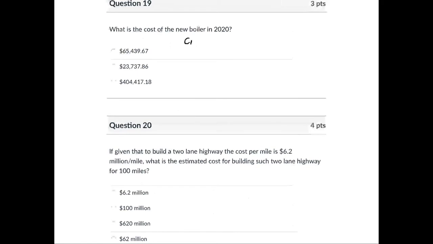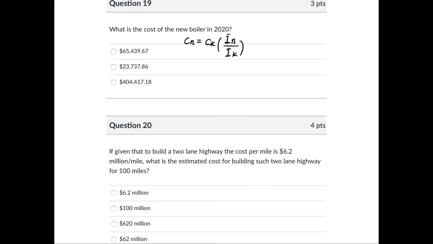You just calculate with the equation. So the equation is Cn equals Ck times I bar N over I bar K, right? And Cn is the price of the equipment in the year with the unknown price. So that year is gonna be your C 2020 because you don't know the price.